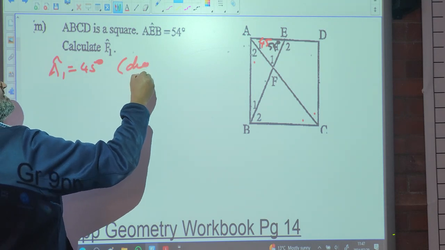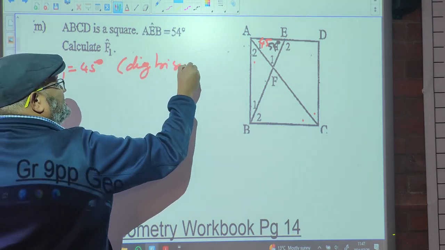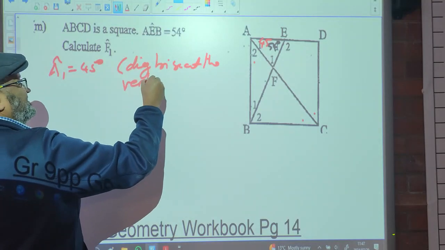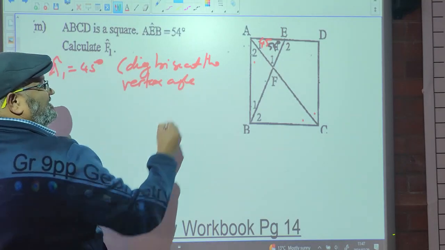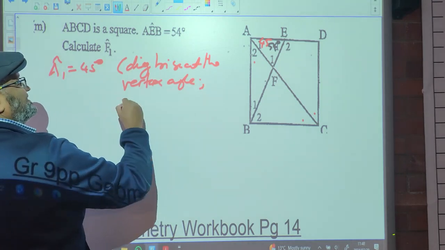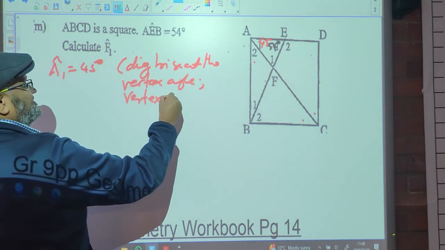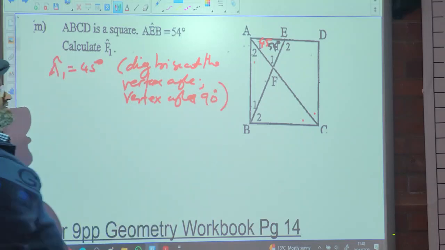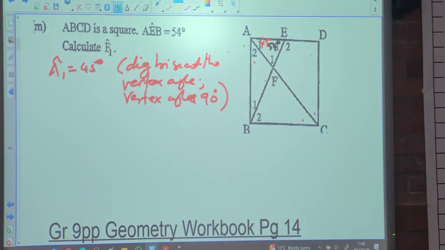Because the diagonal bisects the vertex angle. But also the vertex angle is 90 degrees. You must add that. It's not enough just to say it's bisecting the vertex angle.